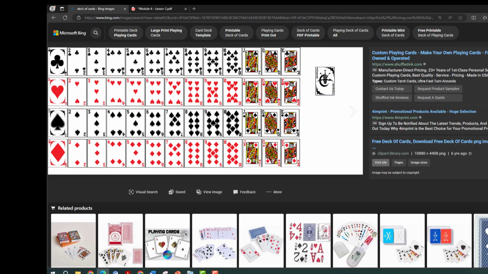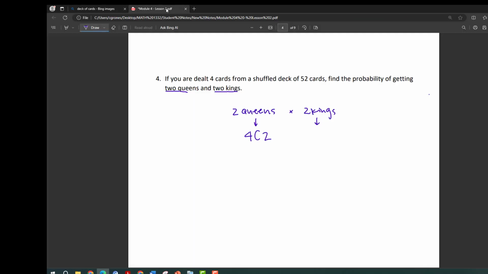We have 4 kings and we are choosing 2 of them. So 4C2. Now, this is what is in our numerator. We're going to multiply these 2 together. Our denominator is going to be our total number of outcomes. So we have 52 total cards and we are choosing 4 cards total.